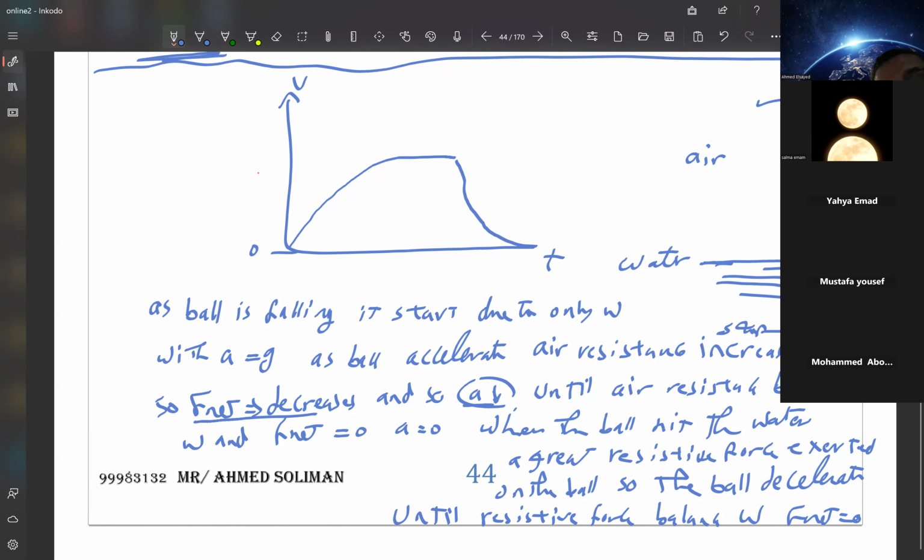The maximum acceleration equals g in air. But the maximum acceleration may be bigger in water, for example. I'm talking about acceleration, and the maximum acceleration is g. Next.